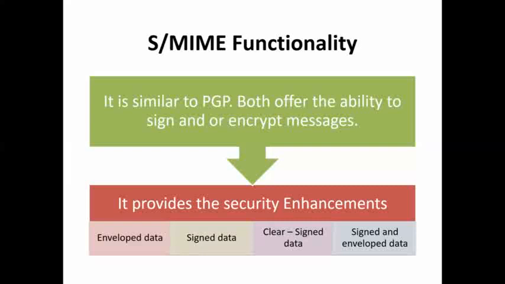Then clear signed data. This is also similar to signed data, and it also provides authentication, but here only the signature part is encoded. It contains a clear text message plus the encoded signature. Whatever hash code you get is encrypted using the private key of the sender.